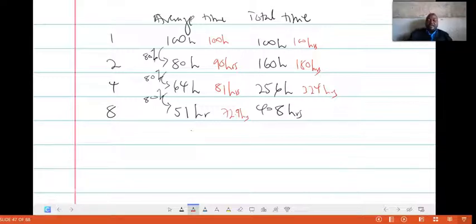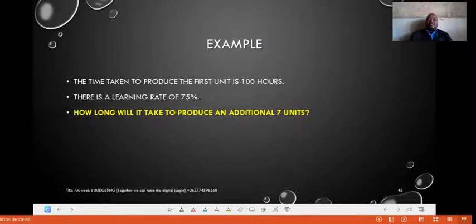Okay, so let us get back to our example here and see if we can come up with something. In this case, the learning rate is 75%. So we can just do the same thing. Let me try to get a clearer pen.